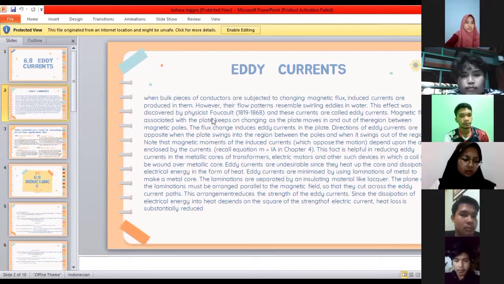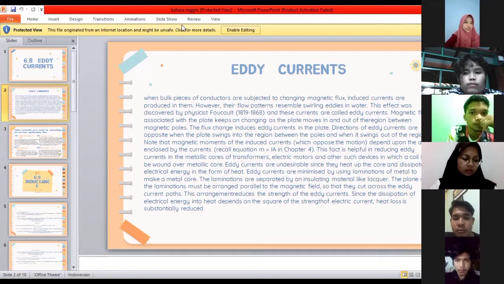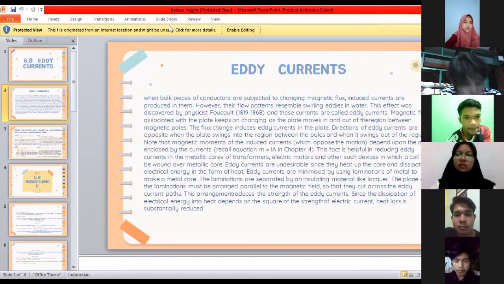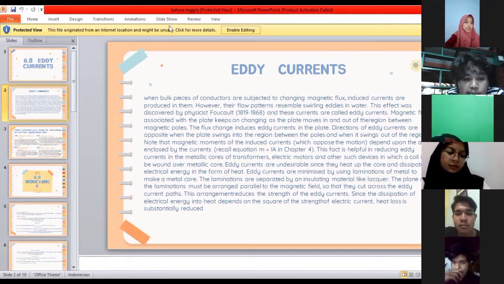Recall the equation m = IA in chapter 4. This fact is helpful in reducing eddy currents in the metallic cores of transformers, electric motors, and other such devices in which a coil is wound over a metallic core.